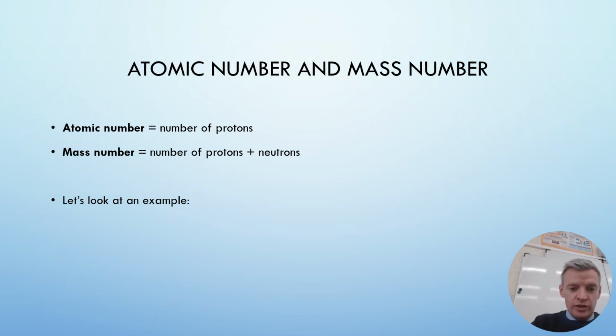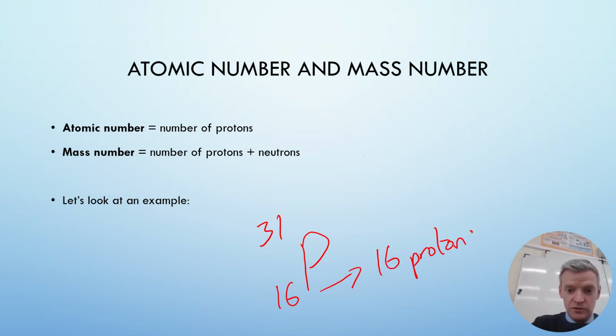So if we choose the element phosphorus, phosphorus has this symbol. It's got an atomic number of 16 and a mass number of 31. Now if you remember, the atomic number is the number of protons, so therefore it has 16 protons. Mass number is 31, and remember, mass number is made up of protons and neutrons.